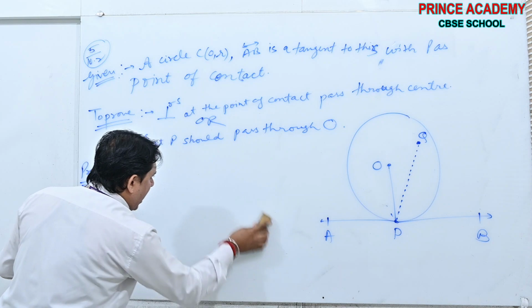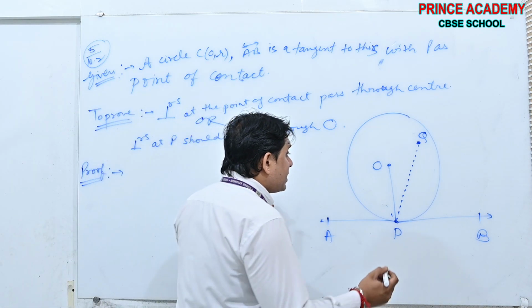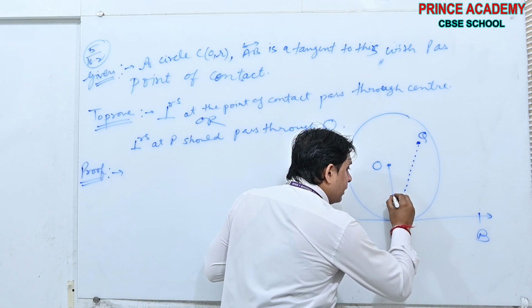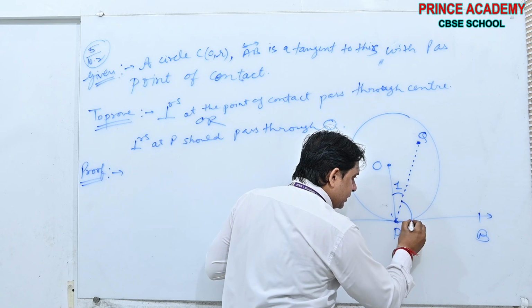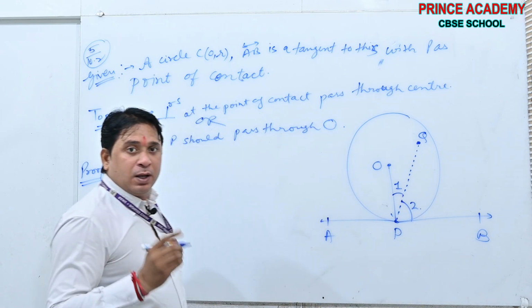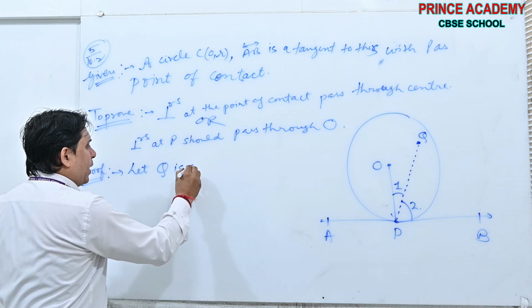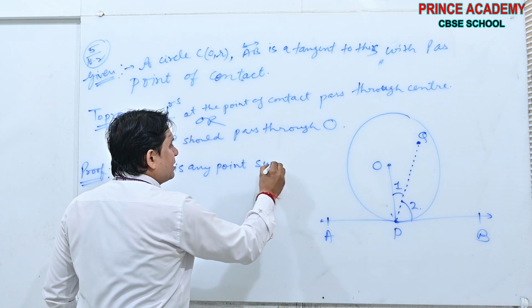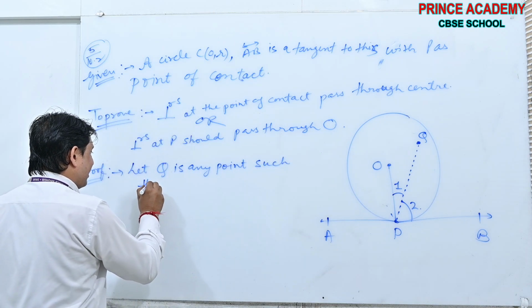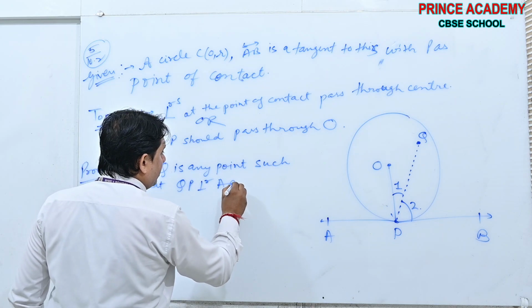See everyone, very simple question. Suppose this is angle 1 and this is angle 2. See beta, let Q be any point such that QP is perpendicular to AB.